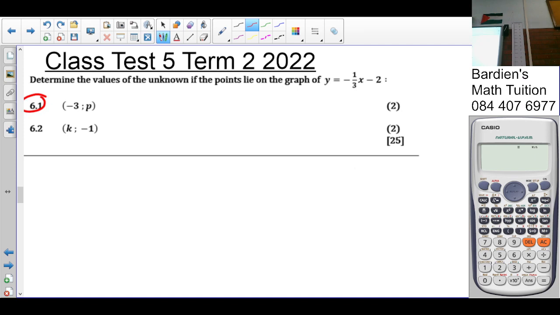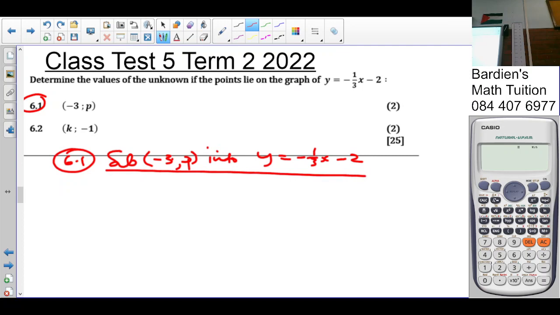People, determine the value of the unknown if the points lie on the graph y is equal to negative 1 over 3 x minus 2. So what do we do? We substitute negative 3 and p into y equals negative a third x minus 2. So this is an x and a y.